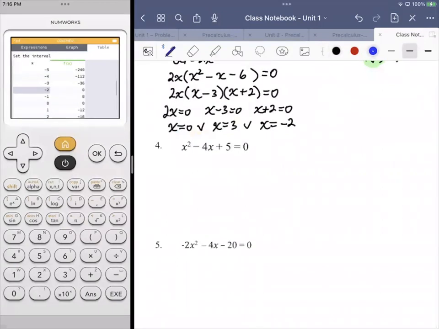Remember, the form of a quadratic is ax squared plus bx plus c equals 0 equals f of x, doesn't matter. The expression part of it is in this form. So what we're going to do is move c to the other side.